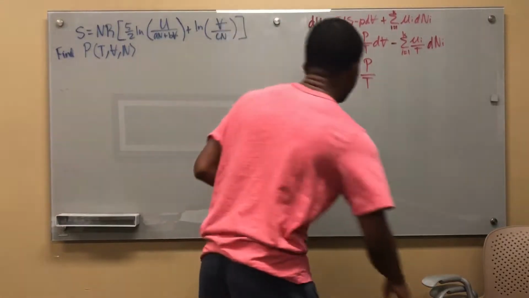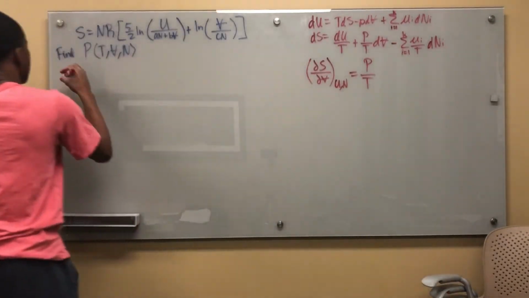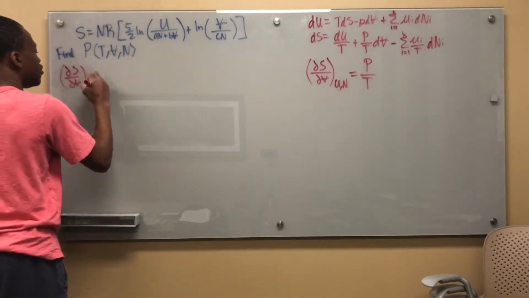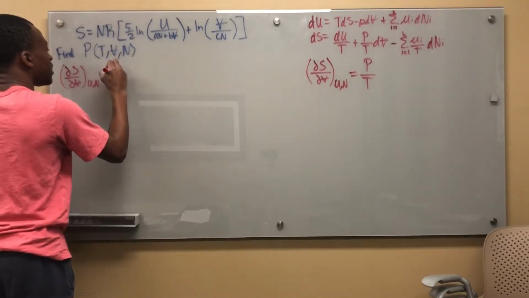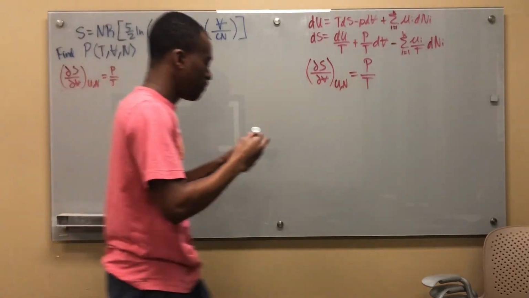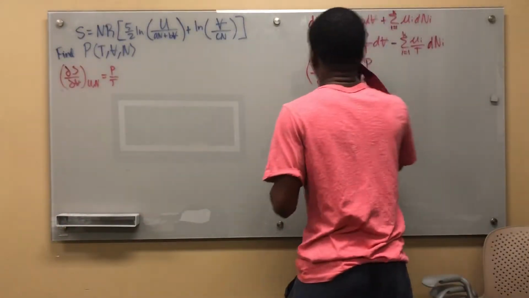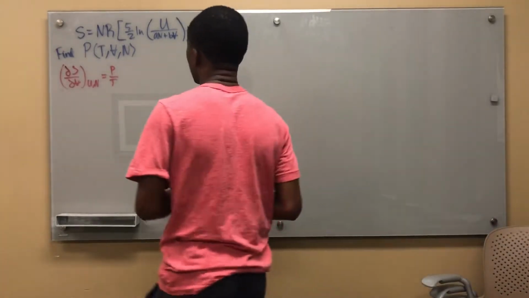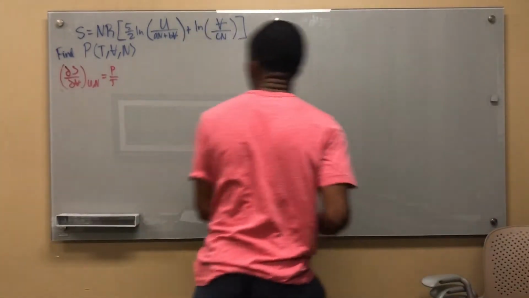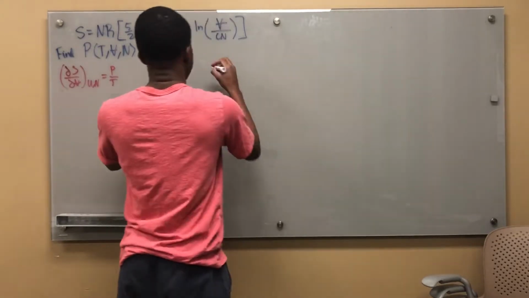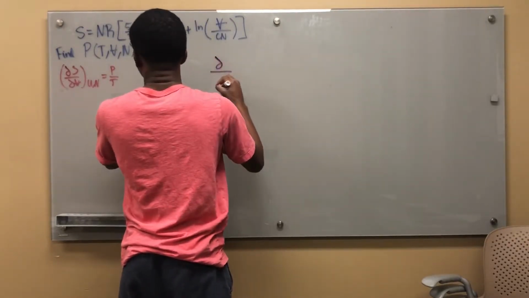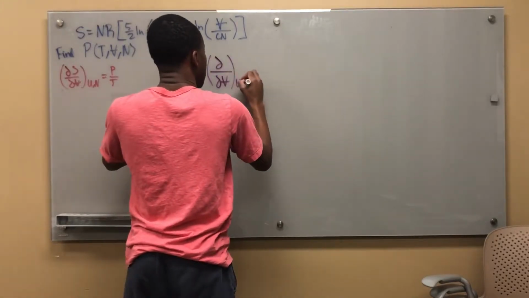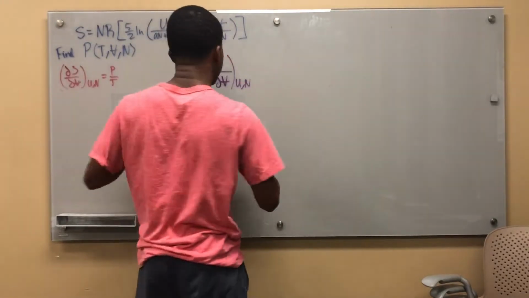Okay, here's what we're going to do. I'm just going to write this to the side here. Del S, del V at constant U and N is equal to P over T. Cool. Now, I'm going to say that del V, I don't know if this is the correct notation, so forgive me if it's not, but I'm going to write it anyway.